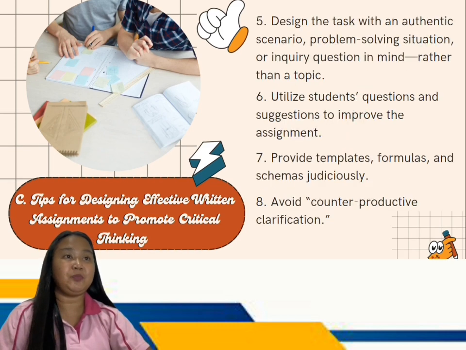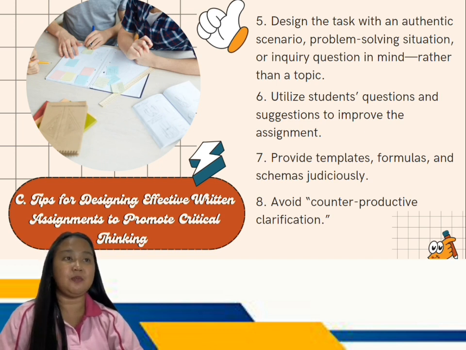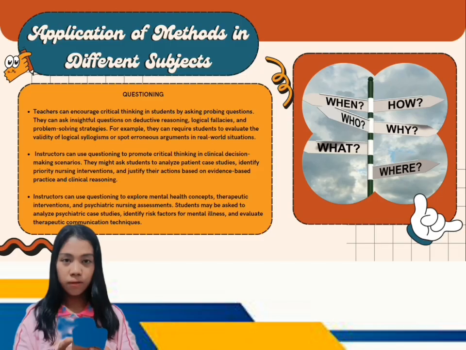Number 5, design the task with an authentic scenario, problem-solving situations, or inquiry questions in mind, rather than a topic. Number 6, utilize students' questions and suggestions to improve the assignment. Number 7, provide templates, formulas, and schemas judiciously. Number 8, avoid counterproductive clarification.